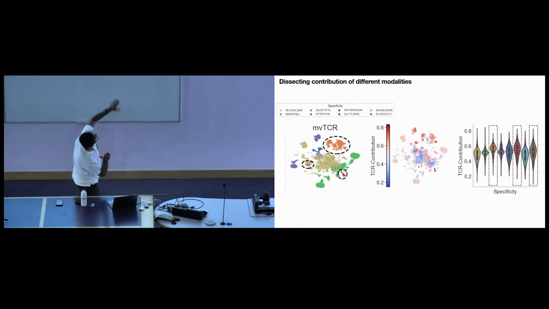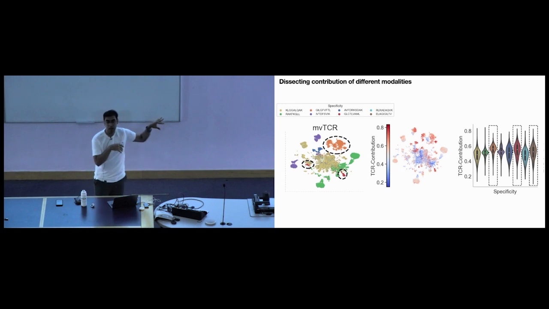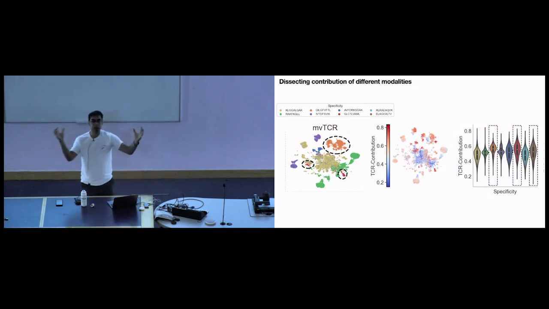In this case, you could see that the cluster that was put together by MVTCR, compared to the unimodal models, has the highest score on the TCR. So basically the TCR modality, the sequence modality, contributed more here compared to the gene expression. And that's why the model actually learned to put this cluster together compared to unimodal models. And if you look at different cell types, then you can decompose the contribution of different modalities here.